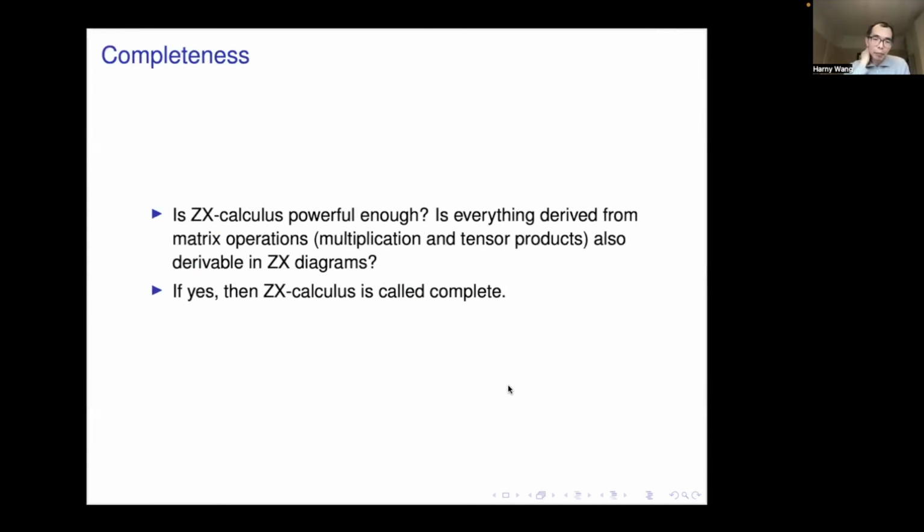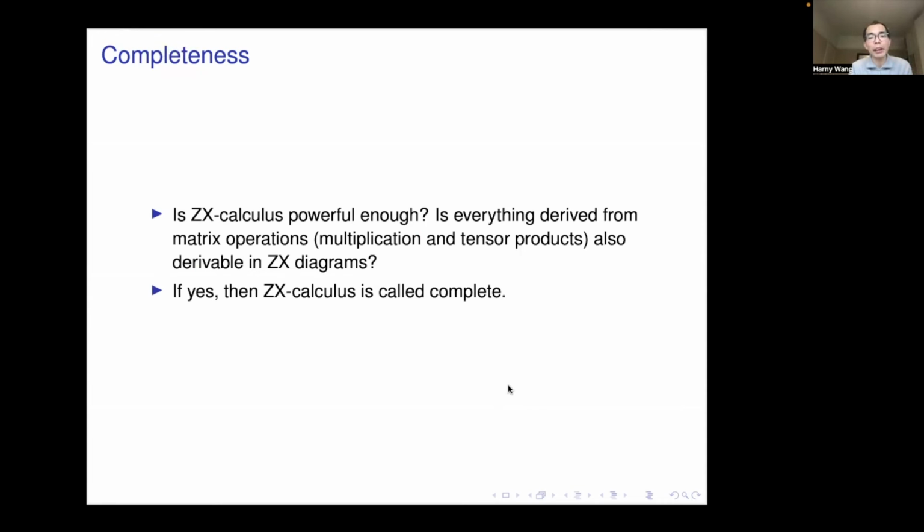The last property of this diagrammatic system is the reasoning power of this graphical calculus: is it strong or not? Everything I can do in quantum theory, I can do using vectors and matrices, and I can derive a lot of quantum computing and quantum theory results.